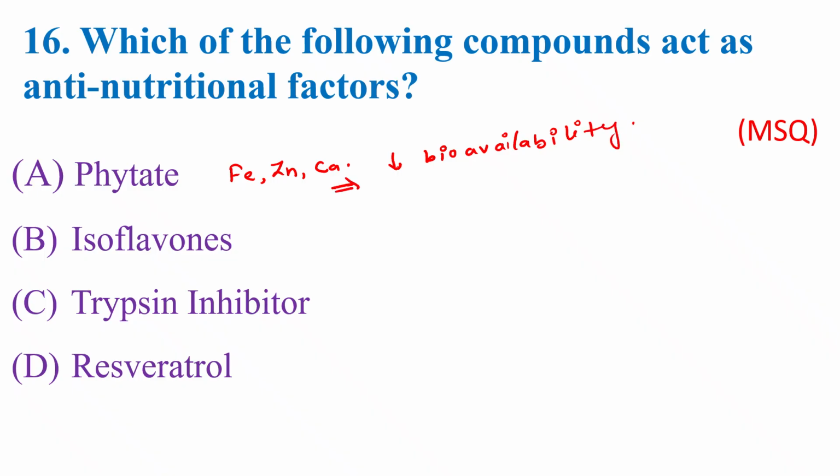Basically, these are found in the legumes. So it is an anti-nutritional compound. Whereas next, isoflavones.